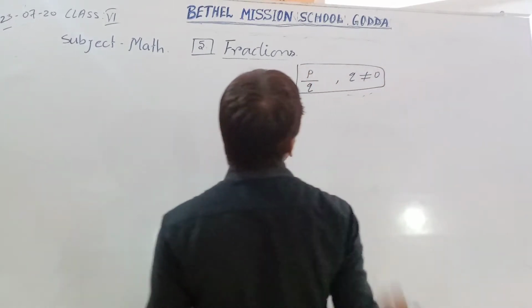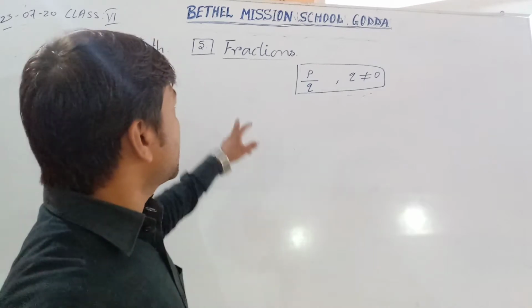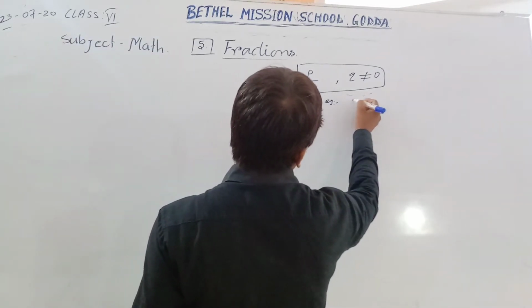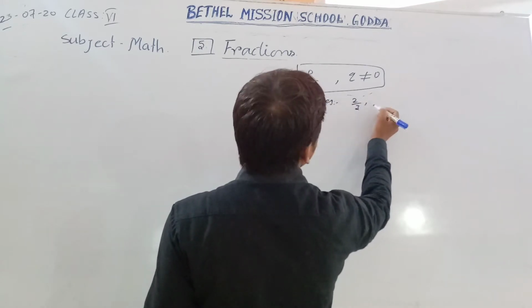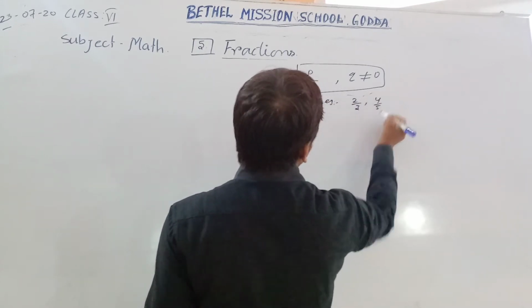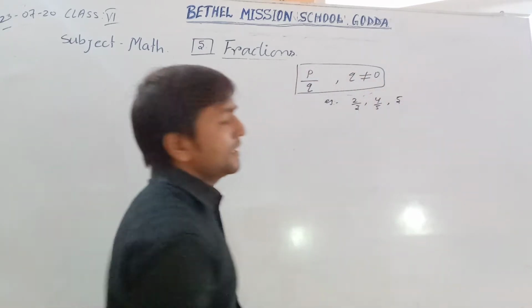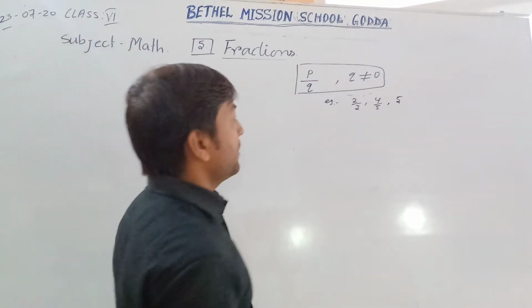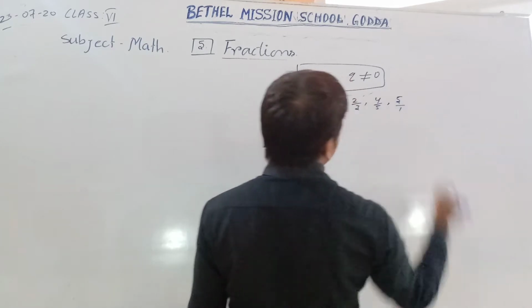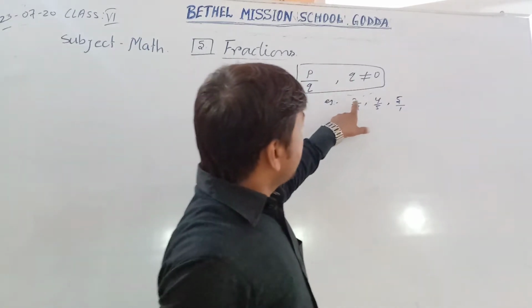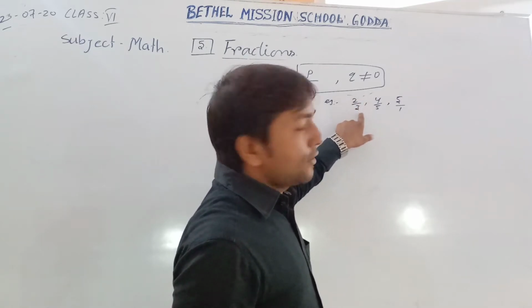Then we can say this number is a fraction. For example, 2 upon 3, 4 upon 5, or we can also write 5. This is also a fraction because we can write 1 as the denominator. This is the numerator and this is the denominator.